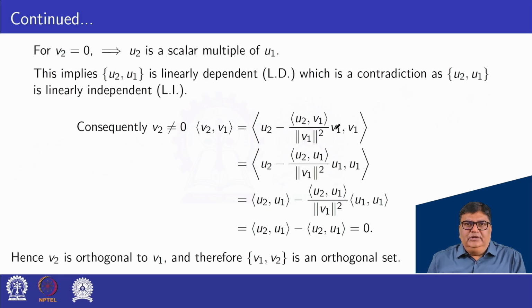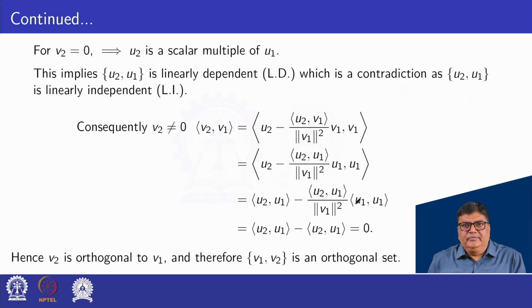Put the value of V1 = U1, so we have this one, and applying the property of inner product, that is the inner product of U2, U1 minus the inner product of this into U1 and U1. Okay, so the inner product of U2, U1 upon norm of V1 squared is a scalar, so we can write it outside the inner product.